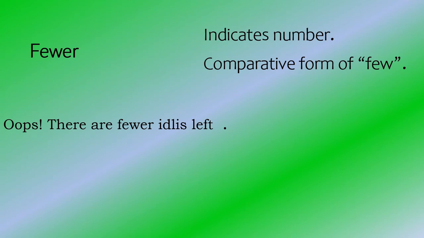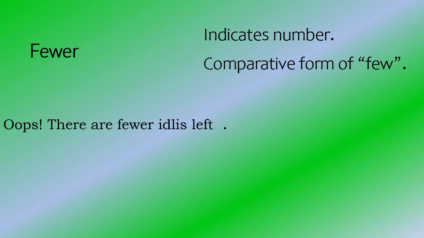It's not definite. From the use of fewer, we won't get a definite idea of a definite number. For example, if there are 3 idlis, 4 idlis or 5 idlis, we are not sure.